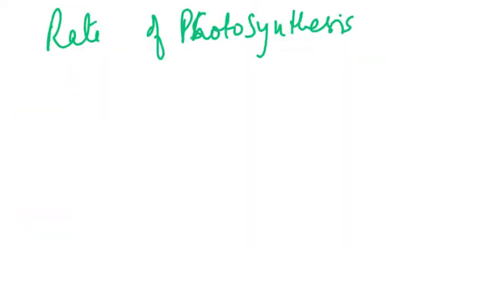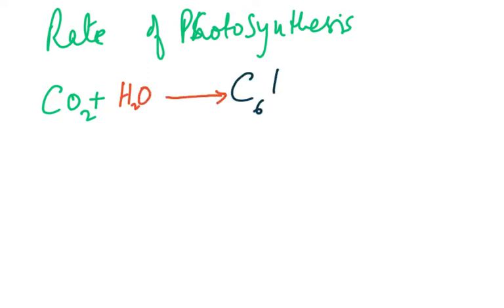Now, in order to study the rate of photosynthesis, I want you to look back again on the equation for photosynthesis. So we have carbon dioxide, plus water, and what do we get? We get a glucose molecule, C6H12O6, plus we get oxygen. Now, how can we study the rate of photosynthesis?